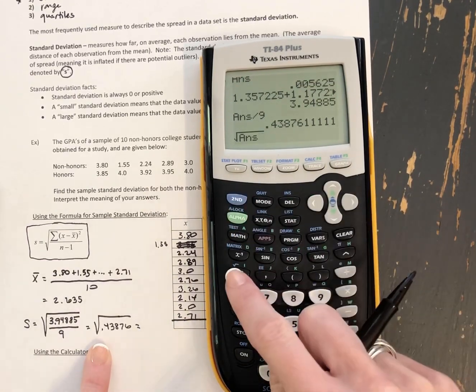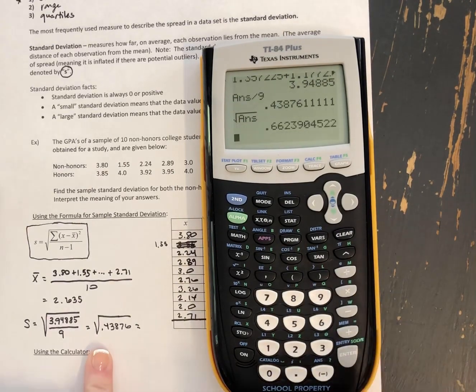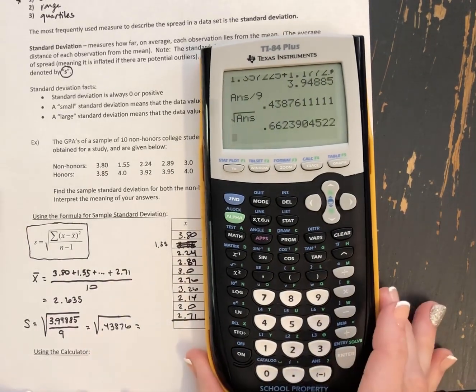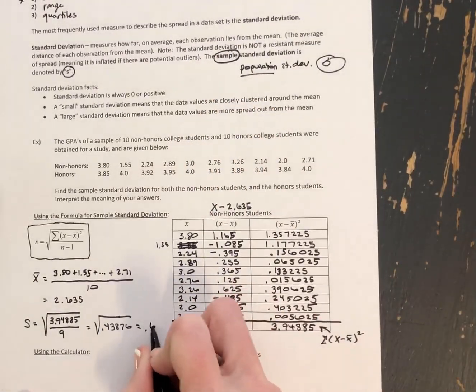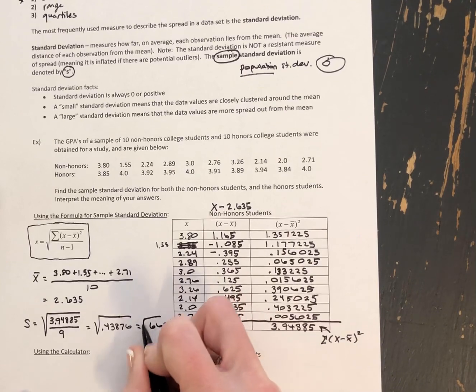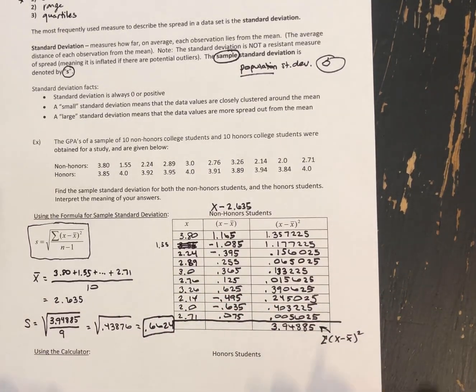So we did second, square root, second answer, and hit enter. And we get 0.6624 if we round to 4 decimal places as our sample standard deviation.